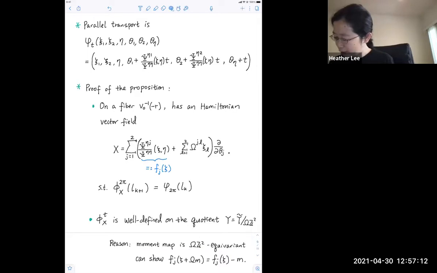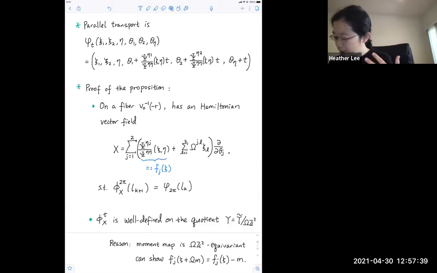Then it's quite easy to show that this function f_j of c is defined by this. On a fiber, this eta is a function of c. So this term in the parallel transport, when we just look at the fiber, is just a function of the c1, c2 coordinates.